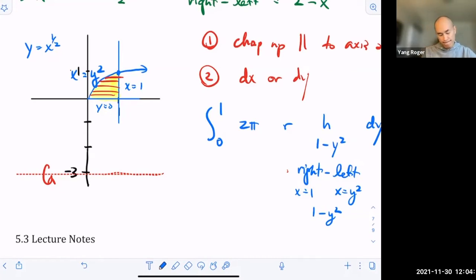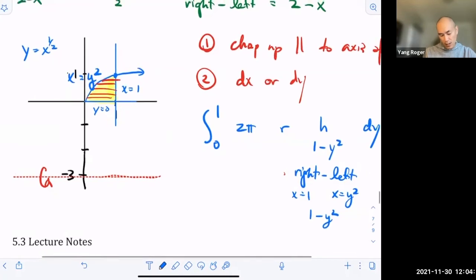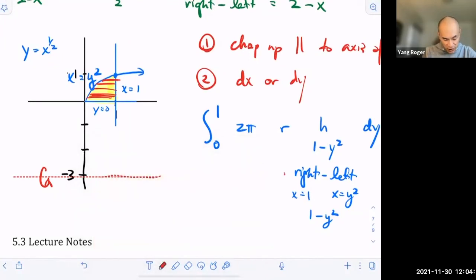Let's find r. R is going to be, if this is my sort of typical shell, r is going to be the distance from here to here. Any thoughts as to what this is going to be?